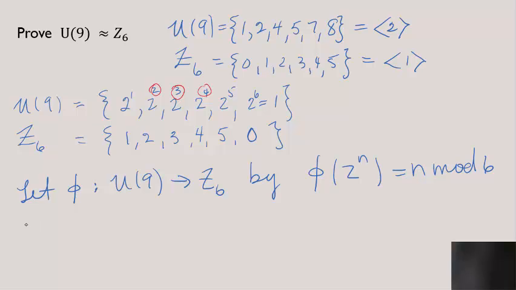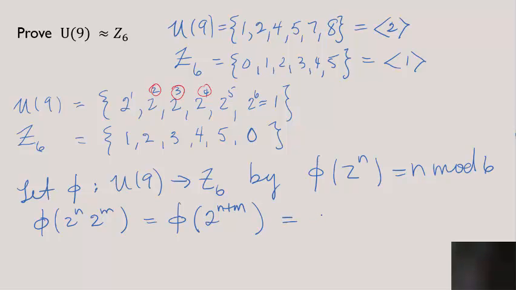To show that phi is operation preserving, we just need phi of xy, but I'm not going to introduce xy. I'll just say we know every element of U9 is a power of 2. So to show it's operation preserving, I'm just going to say phi of 2 to the n times 2 to the m, 2 arbitrary elements in U9, is equal to phi of 2 to the n plus m.